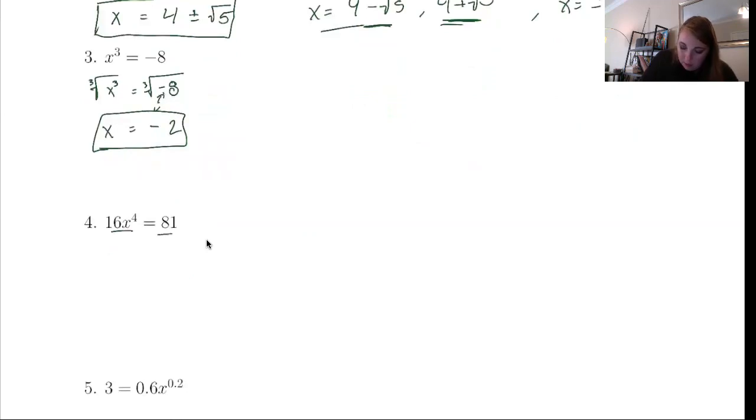Okay, so now I have something multiplied by x to the 4th. All right, so we go through PEMDAS. So I want to deal with multiplication and division prior to dealing with my exponents. All right, so I need to divide by 16, 16 over 81. So I get x to the 4th equals 81 divided by 16.